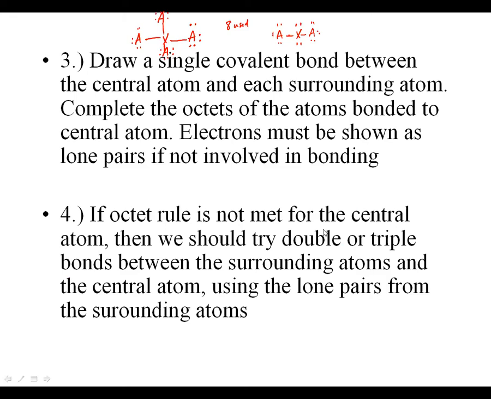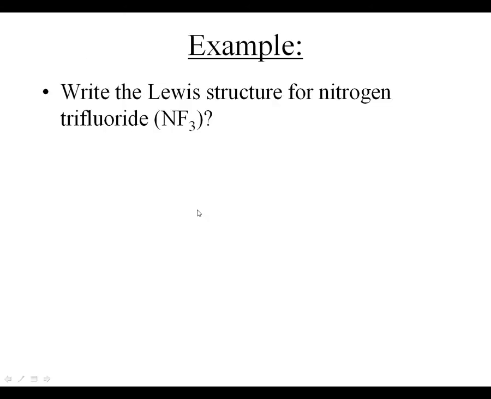All right, so let's take a look at one here and just see how it goes. Okay, so we have NF3 here. The first thing that you want to do is count up the total number of valence electrons. So again, we're going to go to the periodic table.